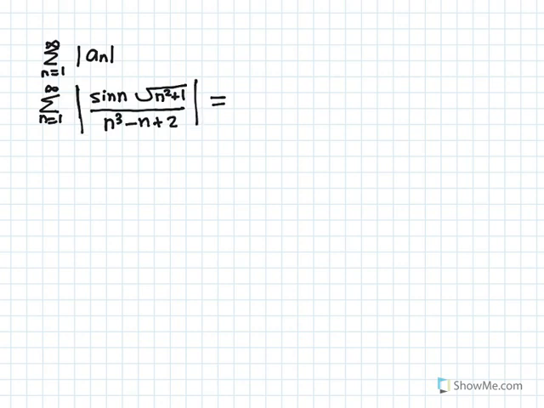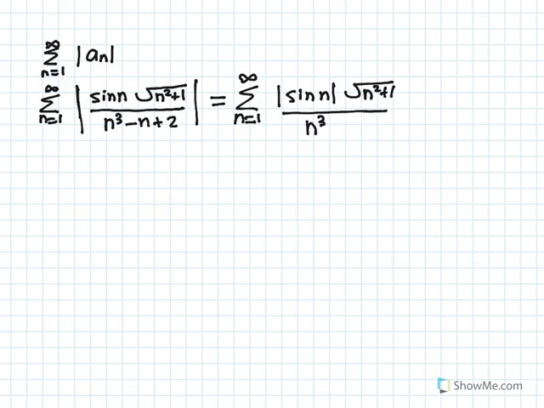And this is equal to summation n equals 1 to infinity, absolute value of sine n. All the other terms are positive, so we don't need the absolute value. Root of n squared plus 1, this is positive, divided by n cubed minus n plus 2.